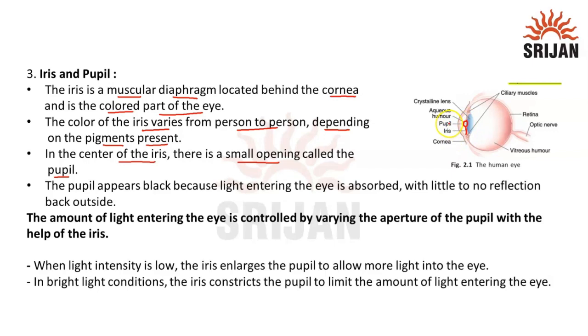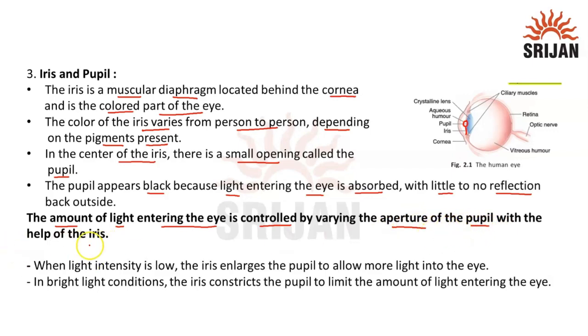Actually, most of the light that enters the eye enters from the pupil only. It appears black because the light entering the eye is absorbed with little to no reflection. The amount of light entering the eye is controlled by varying the aperture of the pupil. The meaning of aperture here is simply the size.